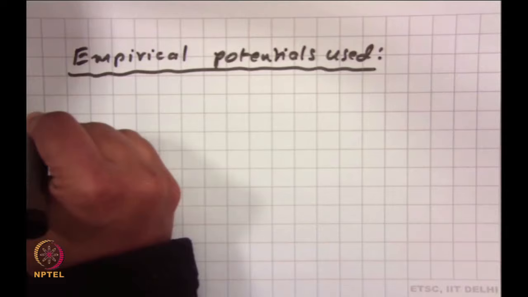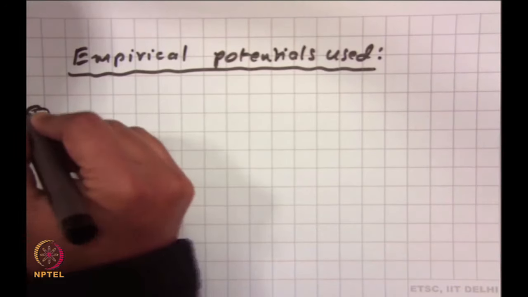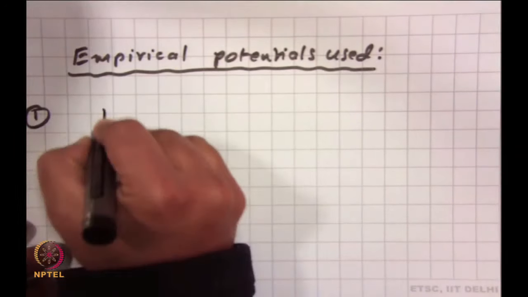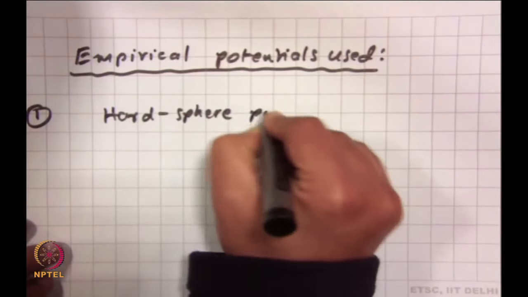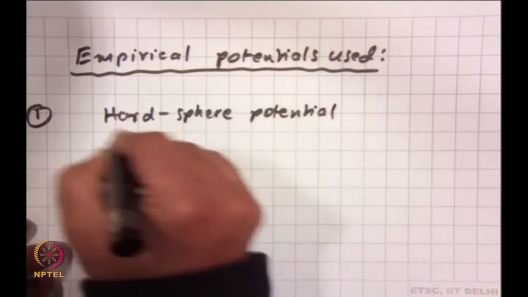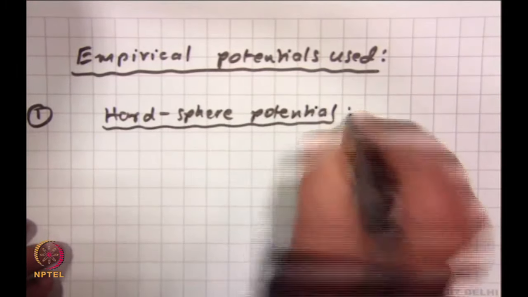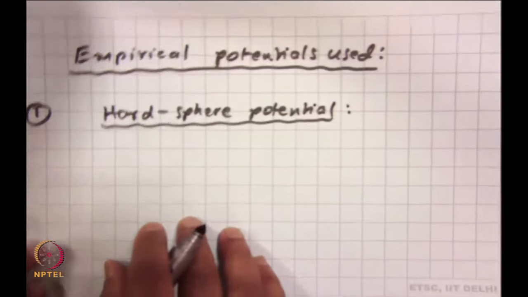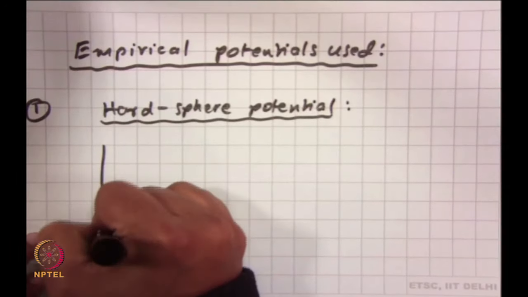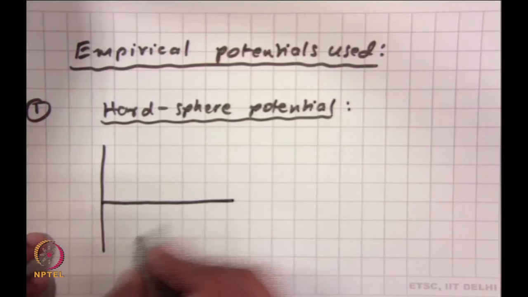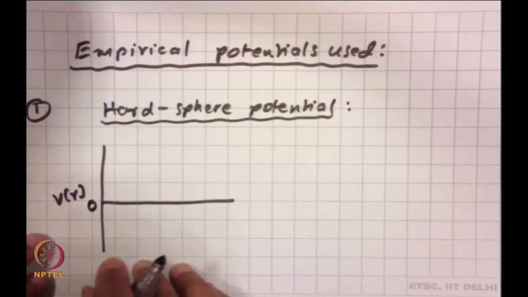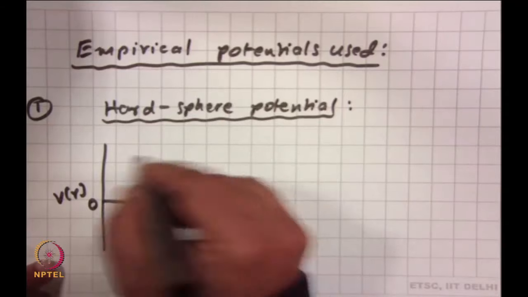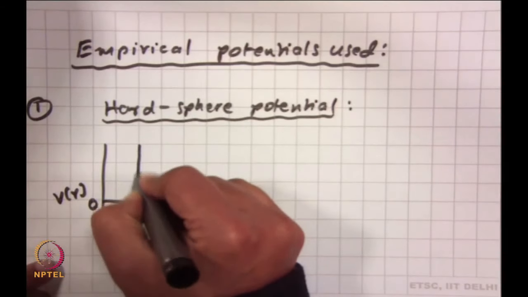So, let us look at the first one, the simplest one. This is referred to as a hard sphere potential. Now, what do we mean by hard sphere potential? Suppose we draw a potential energy diagram. I have V of r, and this line is arbitrarily taken as 0 potential energy of interaction. Now let me draw another line here.